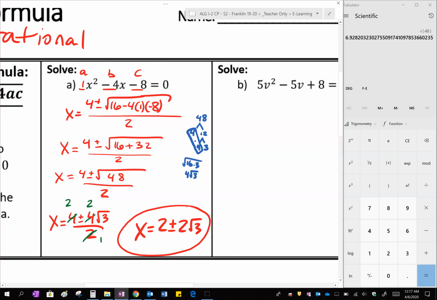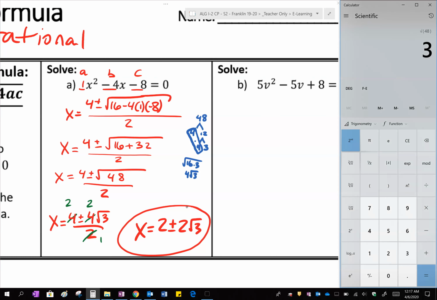so that is it. Not the prettiest number, and you could actually figure out the decimal for this. You could take the square root of 3 times 2 and plus and minus that from 2, and you'll get 2 decimal numbers, but this is actually nicer. This is the exact answer without rounding, so this is the way I would say leave your answer in this form.